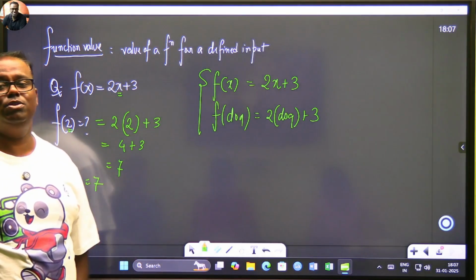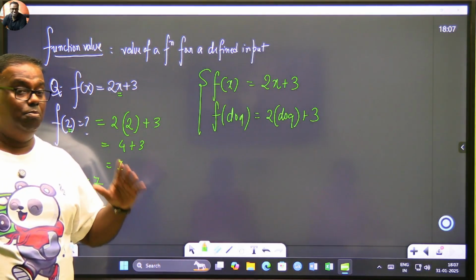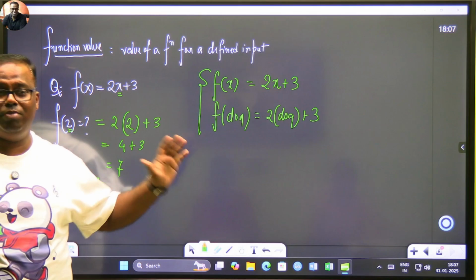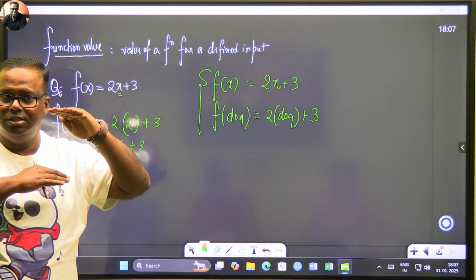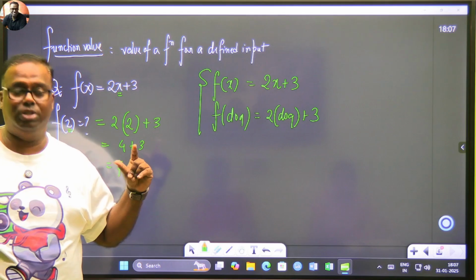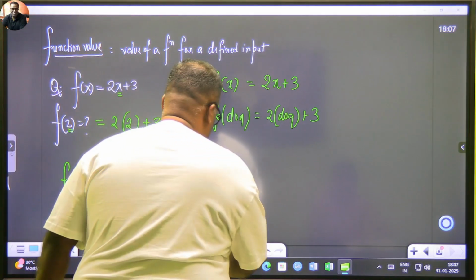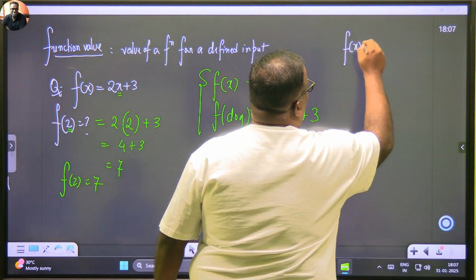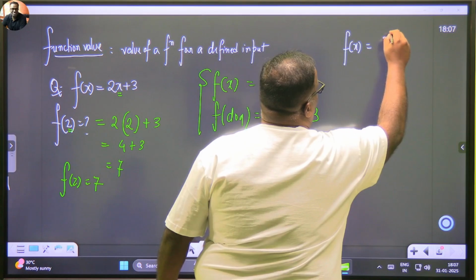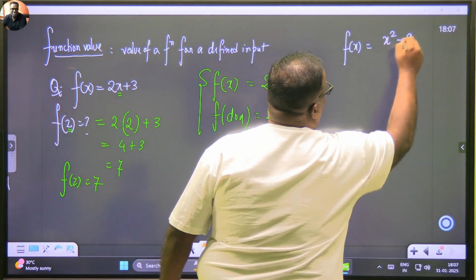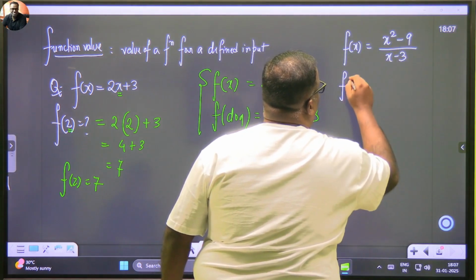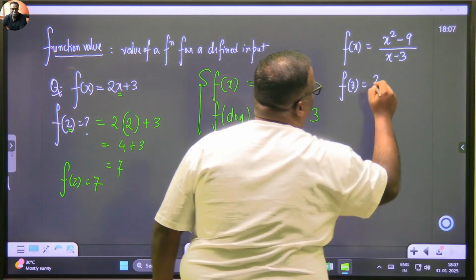And these will be given to you in many problems, so always check. Algebraics are very easy. Whenever it comes in rational format, do not do things like this. For example, somebody gives you a function f of x is equal to x squared minus 9 divided by x minus 3. Calculate the value of f of 3.